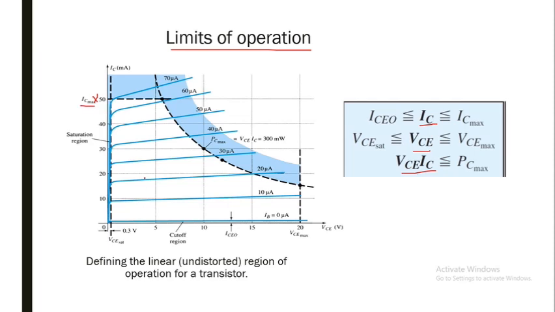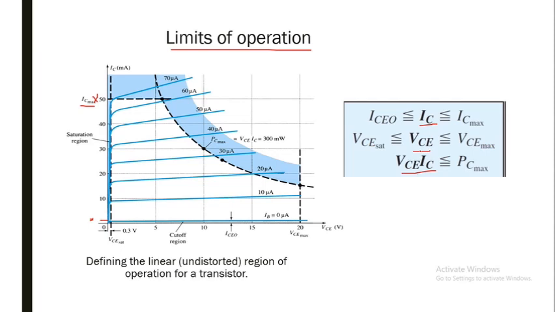So IC, or the output current, should be less than 50 milliampere and should be greater than ICEO, which will have a certain value. So IC should be in this range.